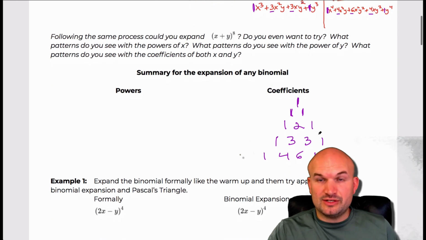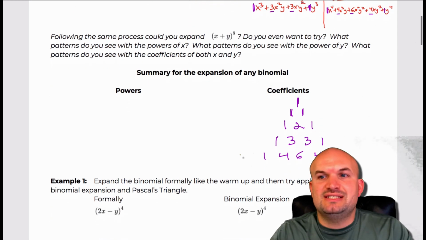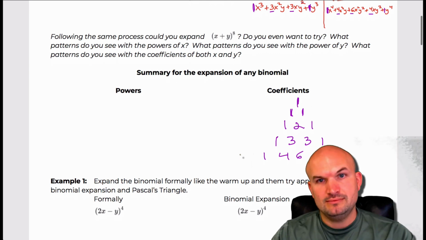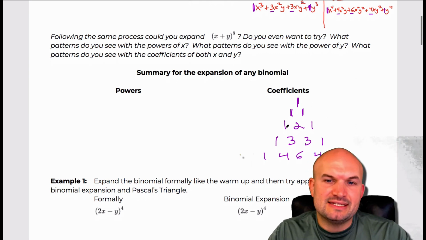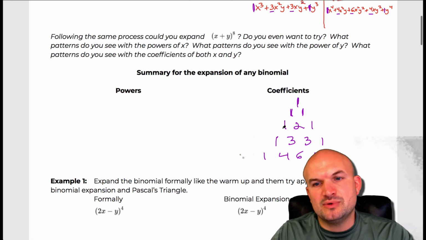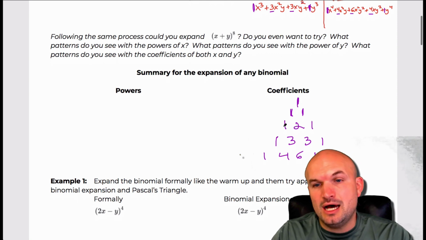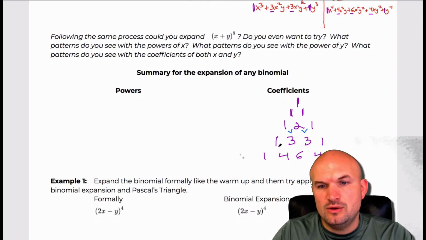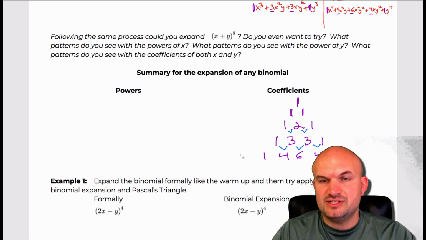And what we want to do is start looking for patterns. What we start to see is, along the edges, we're always going to have 1, right? And then consecutive numbers inside of a row add up to the next row. Like you can see here, 1 plus 2 is 3. 2 plus 1 is 3. 1 plus 3 is 4. 3 plus 3 is 6. 3 plus 1 is 4.